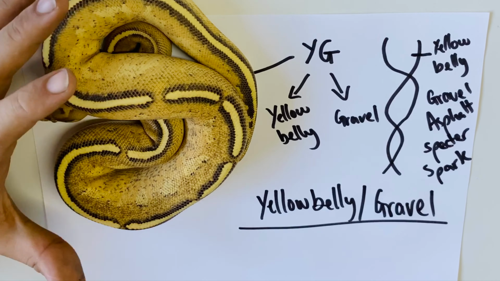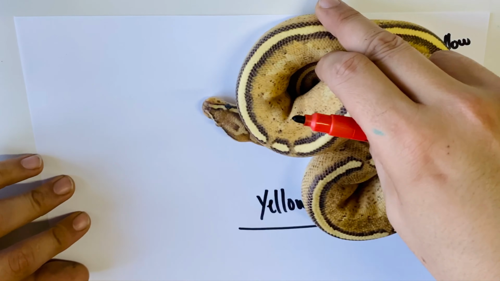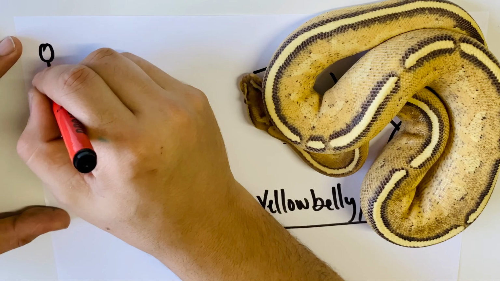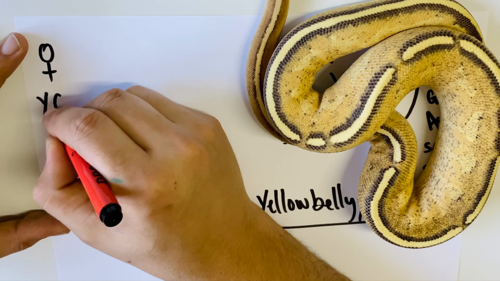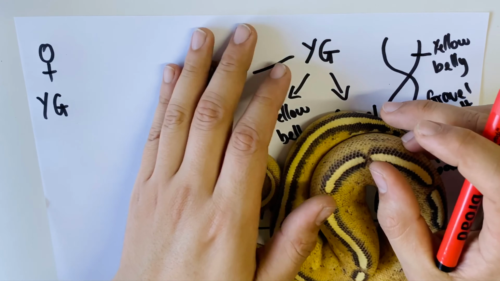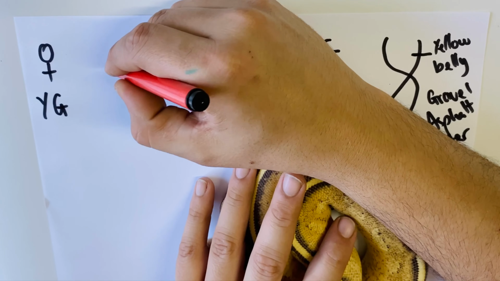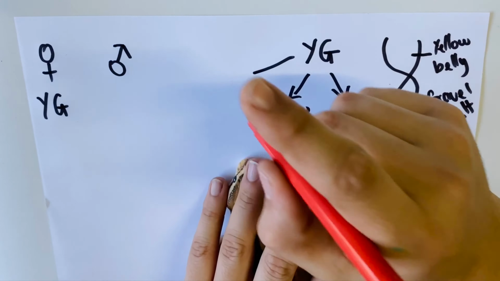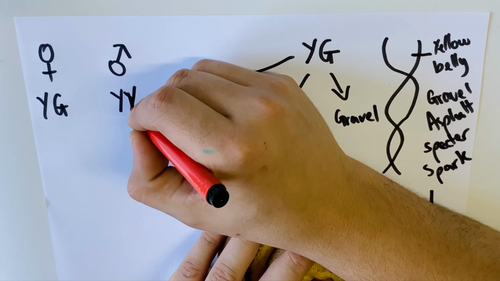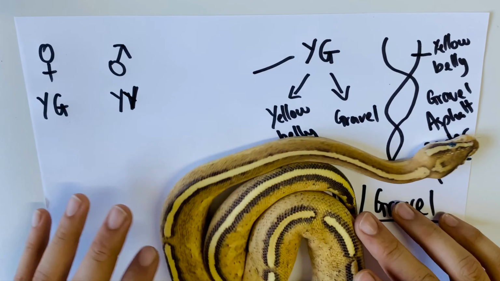So a good example of this, if I bring this little lady here, if we were to breed this female yellow belly gravel, or a highway, okay, if we were to breed her to, let's say, a male ivory, and now an ivory is a super yellow belly, so it's got two copies of the yellow belly gene.